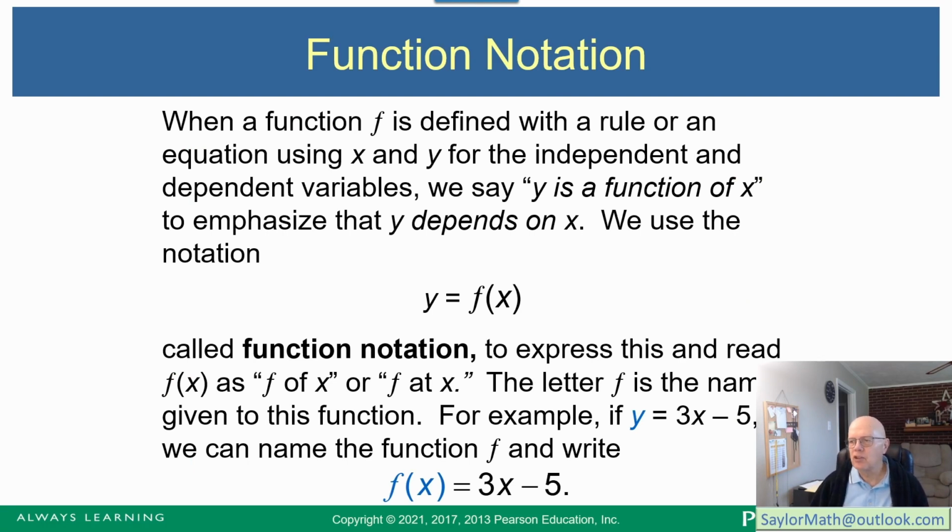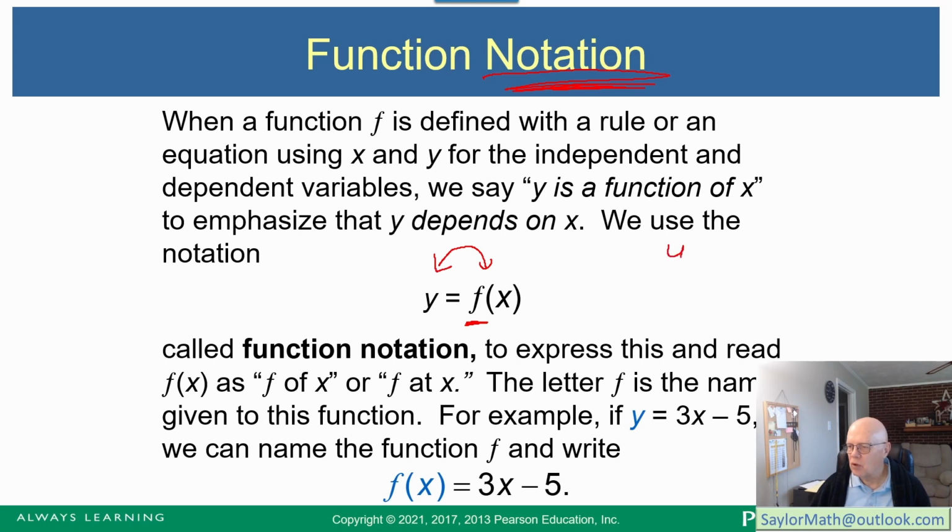Now here's some notation. Just notation, that's all it is. We usually put a name with our function, and our function values are y values. These two are the same thing.